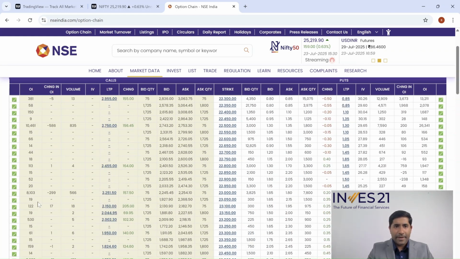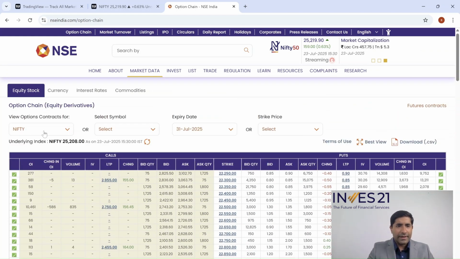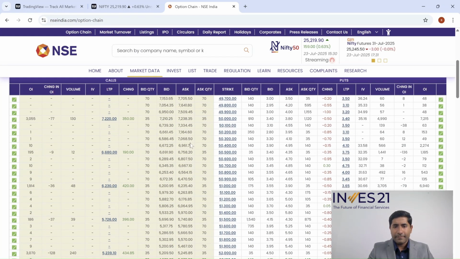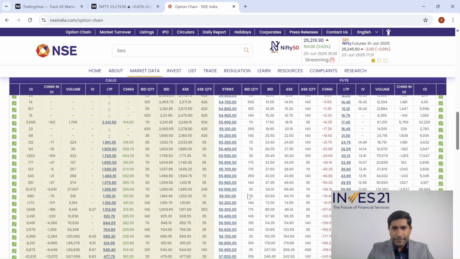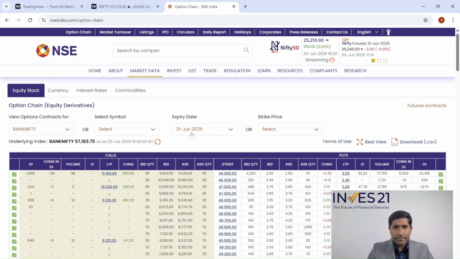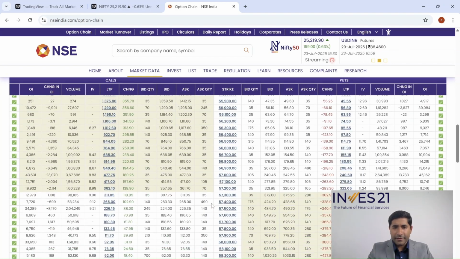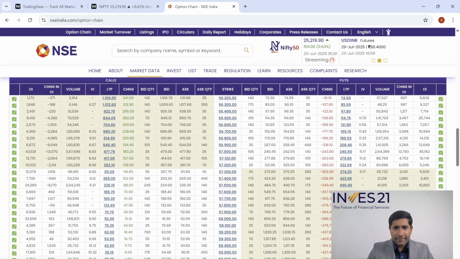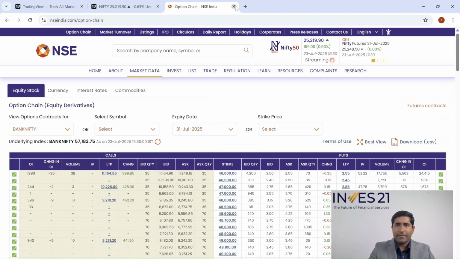So this is for Nifty, and let us take a look at Bank Nifty, with the expiry at 31st July. Yes, so is the case here: you can expect some resistance at 57,500 as the immediate resistance point, and let us see how the market plays out.